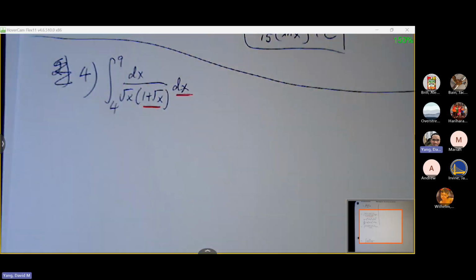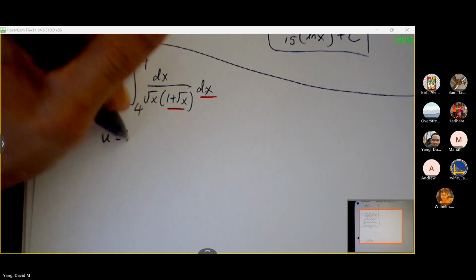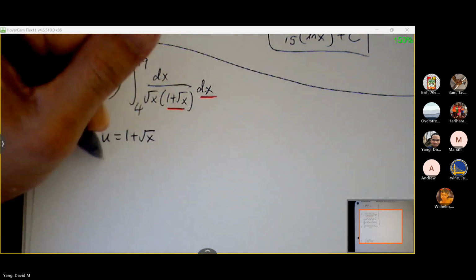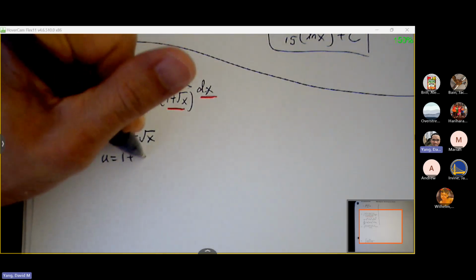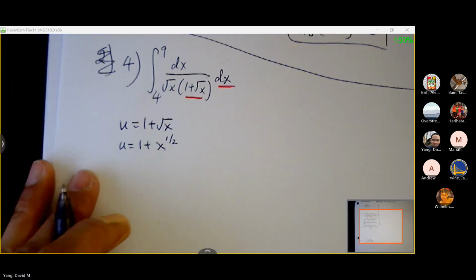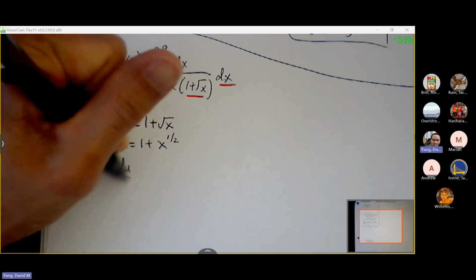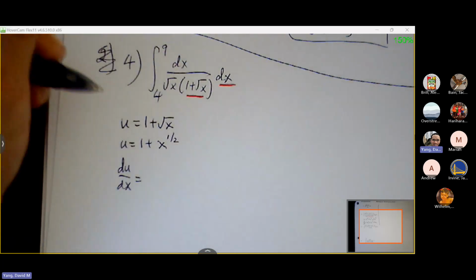And remember, bounds is not going to play a role until after we're done with pretty much the entire problem. I'm going to get that square root of x ready for power rule. Okay, so now du over dx. 1 goes away.